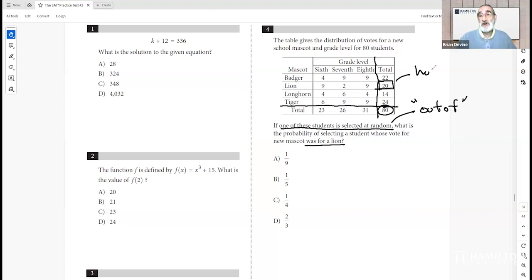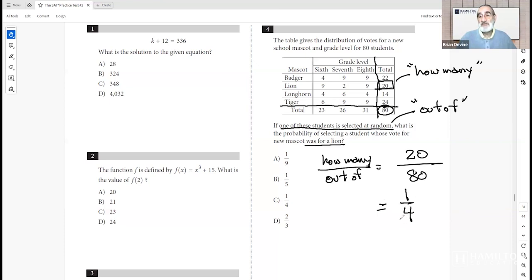That would be your how many. And if we're going to do a probability, we want to know how many successes, lions in this case, out of. So we would have 20, or how many, over 80. That represents the probability that that one student chose lion. And we reduce that down, that's 1 out of 4. So C is the correct answer.